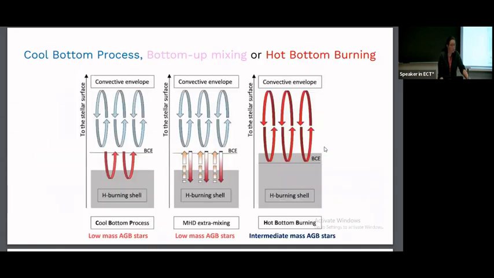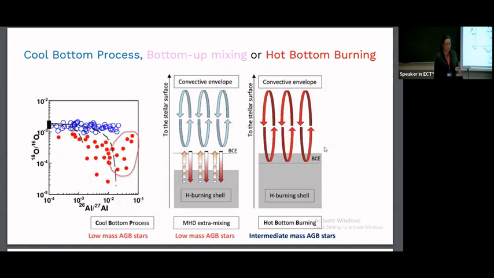So how can we state if oxide grains come from low mass stars or intermediate mass stars? We have to look at aluminum and not only at oxygen. Indeed, this is the fit we have to the oxygen versus aluminum isotopic abundances in a classic cool bottom process calculation.